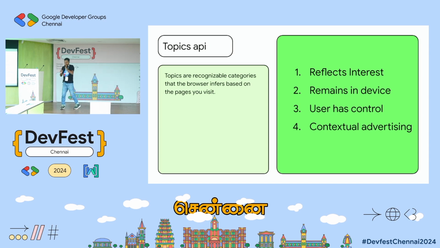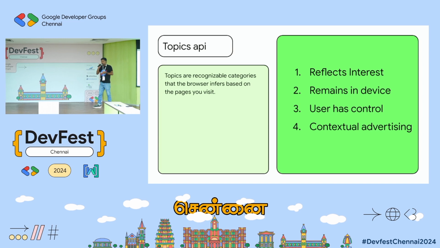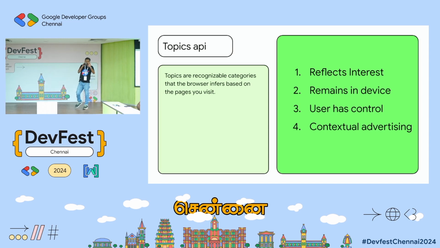Now, in Topics API, the topics itself categorize the websites into different buckets. Say, for example, BBC, CNN, the New York Post, all of these websites will have a category called news. Now, when you visit these websites, your browser internally creates and saves your interest, like news.